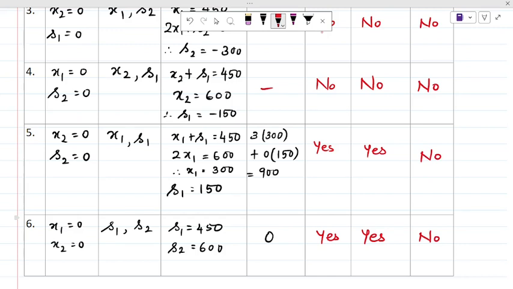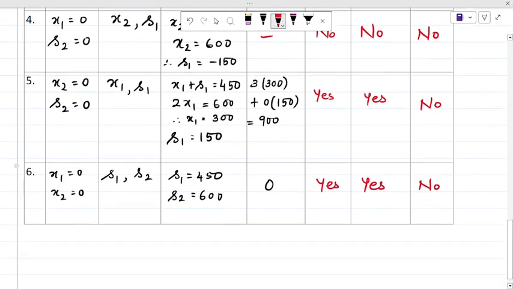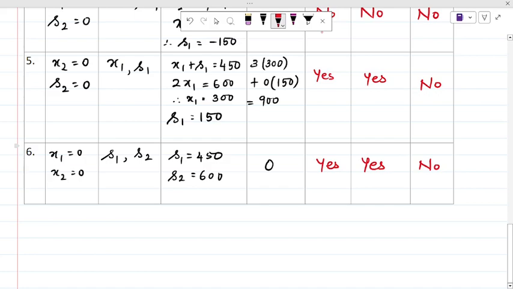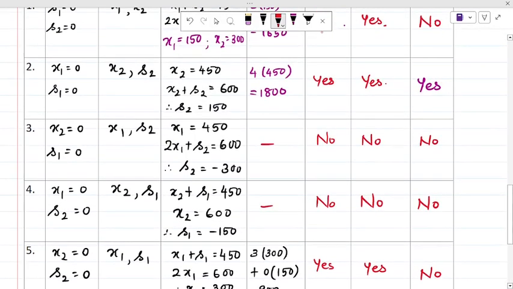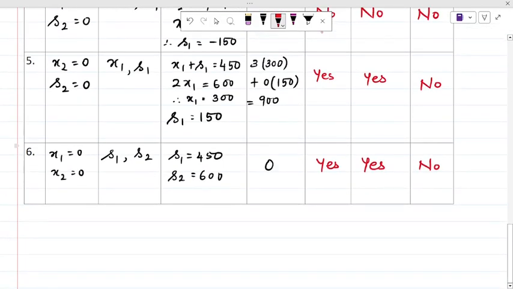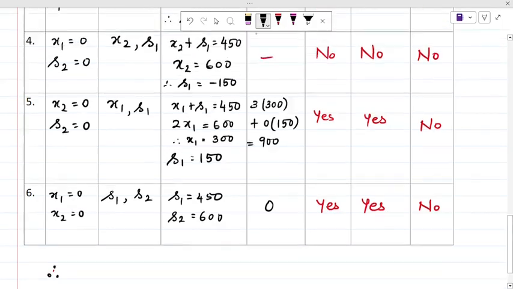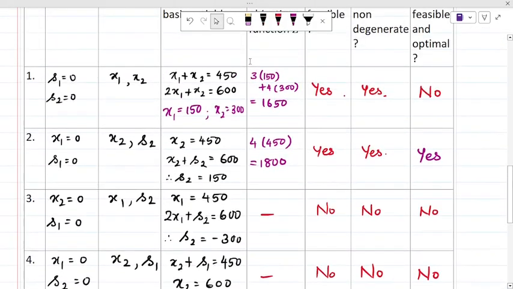Okay, so hence all other answers will be no, and this is the final answer. So final answer in the solution, when we see here, what do we get? Therefore the final answer is from the trial and error method. This is also called the trial and error method.